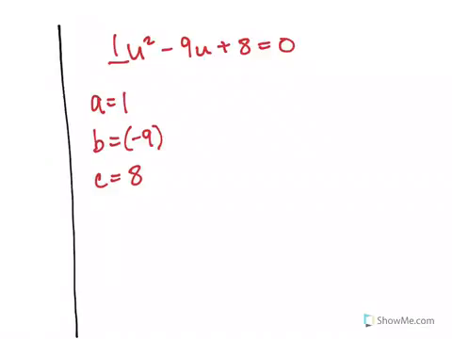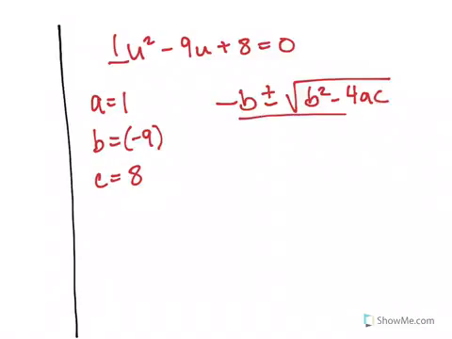And now we can use the quadratic formula, which is -b plus or minus the square root of b squared minus 4ac, all divided by 2a, to solve for u. So instead of solving for x right now, we're solving for u.